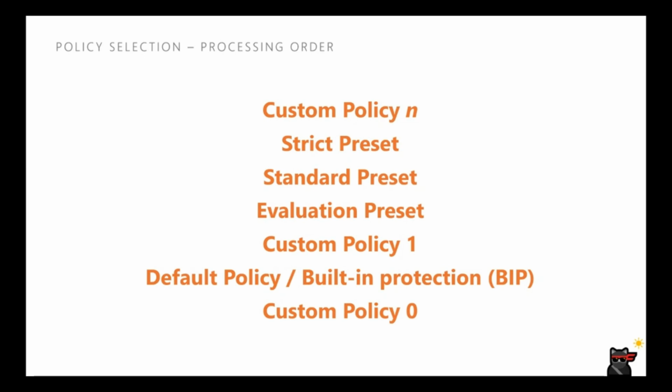Should we do a small test on ourselves, Paul? Sure, why not? Let's go for it. Which one comes last? Let's start with that. That would be default / built-in. Oh, so that one comes last. And the top one, is that the custom policy 0? Nope, that would be strict preset followed by the standard preset.